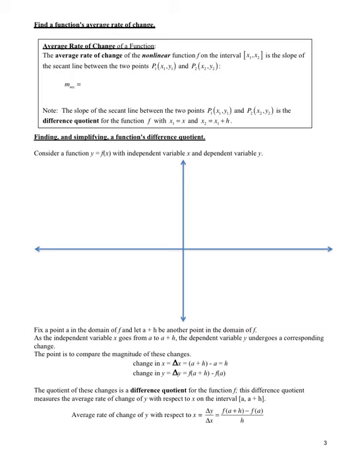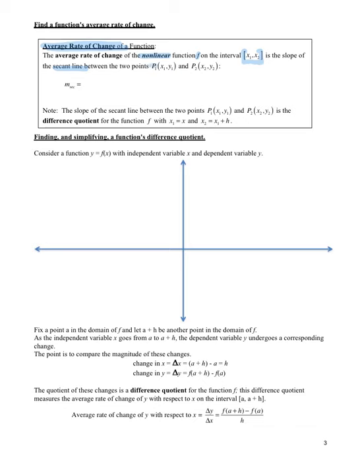So let's go into a little bit more detail about this average rate of change. Again, the average rate of change has to deal with a nonlinear function, let's call it f, on an interval. So here is an interval. We're including the endpoints. And it is the slope of the secant line between those 2 points.